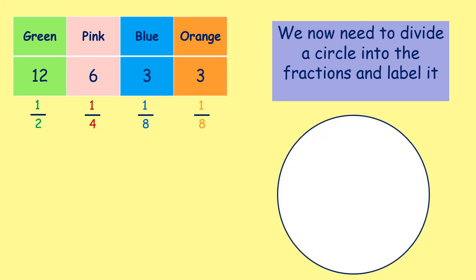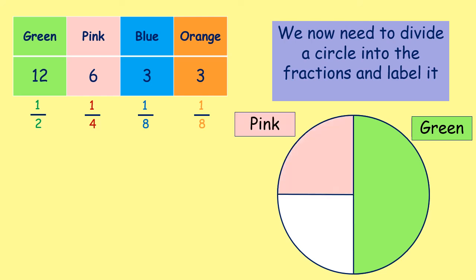So we start with a blank circle, and then what we're looking at, well, green, half of the class chose green, so we're going to divide that circle in half, and we're going to label it green. Next, we're going to look at pink. Now, pink, it was a quarter of the class said that pink was their favourite colour, so we're going to show 1/4 of that circle is going to be pink, and we need to label it pink.